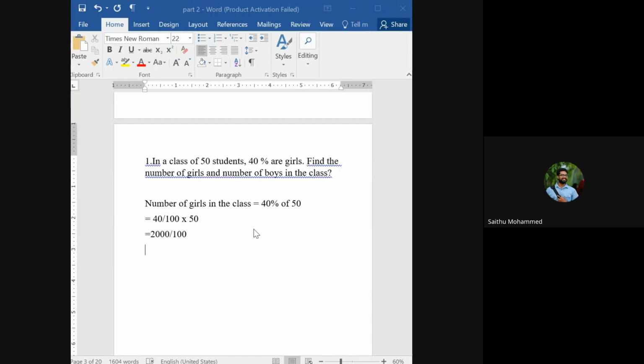We can easily cut the zeros, and then we will be getting 20. That means out of 50 students, when we are saying that 40% are girls, there are actually 20 girl students in the class.